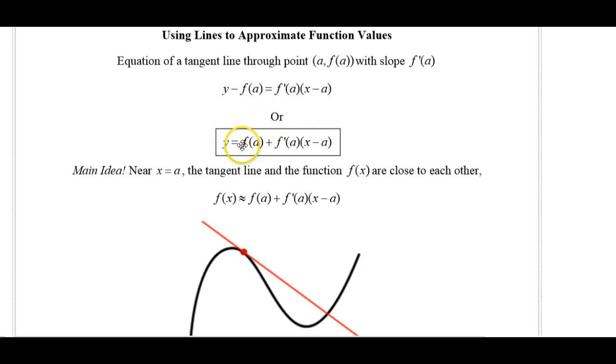And what I've written here is just rewriting the formula so that it is a y equals function. In other words, all I've done from here to here is add f of a to the other side. So you'll see this minus f of a, if I add it to the other side, and I've chosen to write it in front, y equals f of a plus f prime of a times x minus a. Because now we're actually going to use this tangent line. Previously we just found an equation of the tangent line. Now we're going to need to use it.